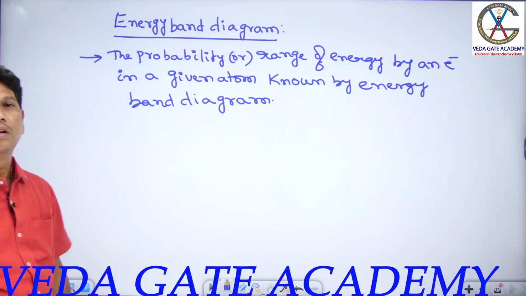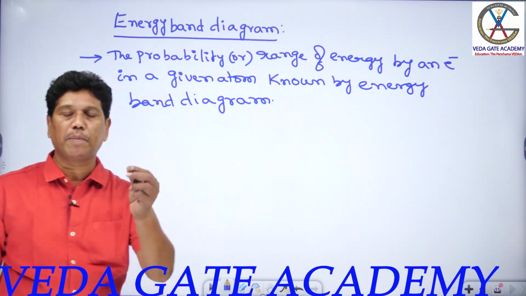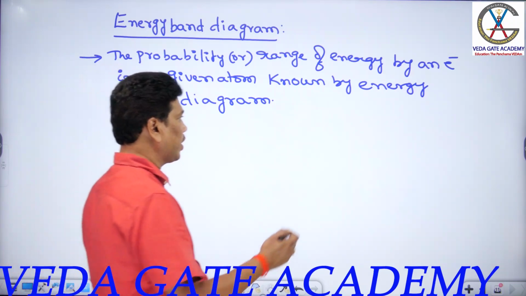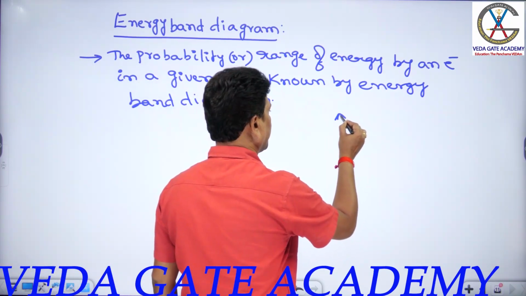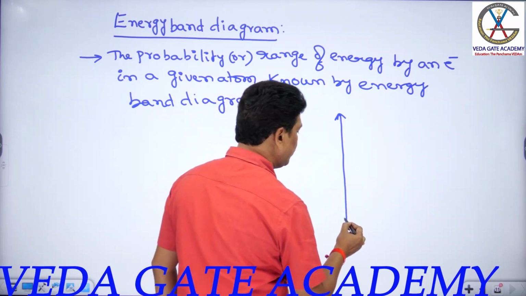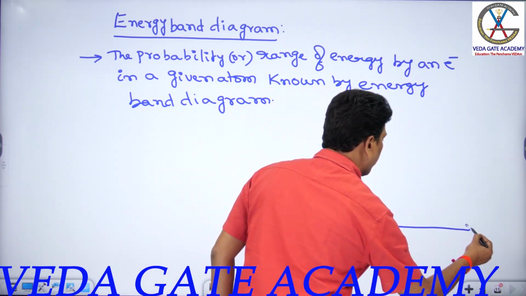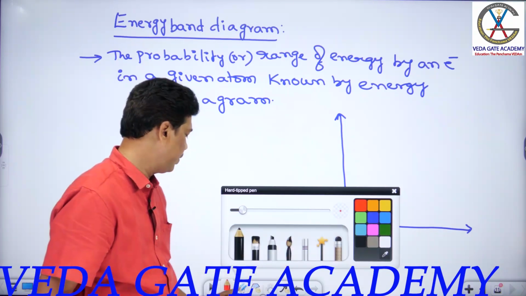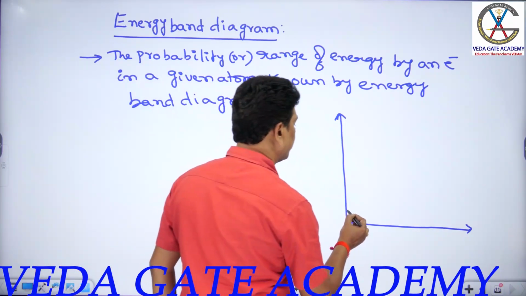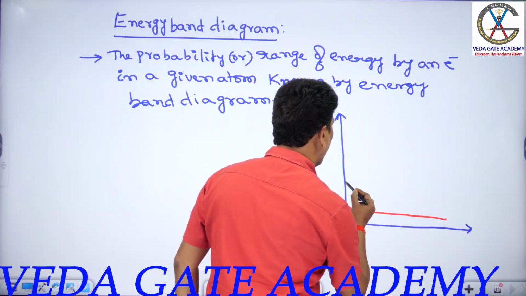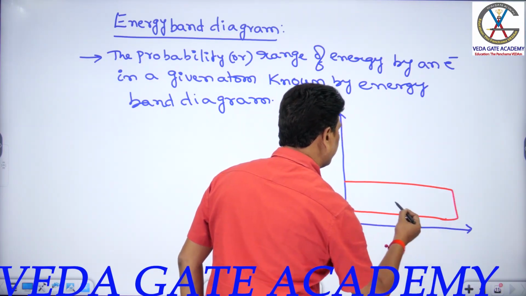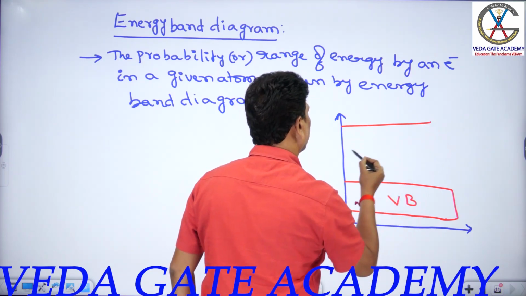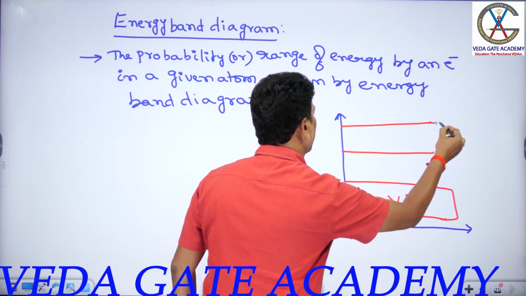Right. So this energy band diagram contains how many partitions? I told you, 3 partitions are there. So I can show that to you. This is the energy band diagram. It is partitioned into 3: valence band and conduction band.